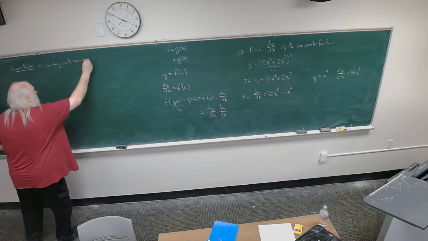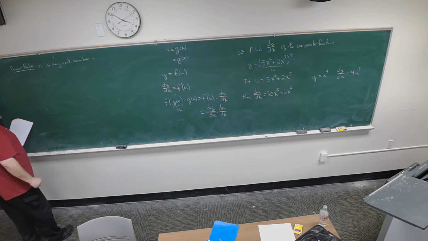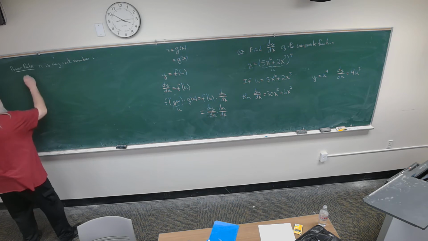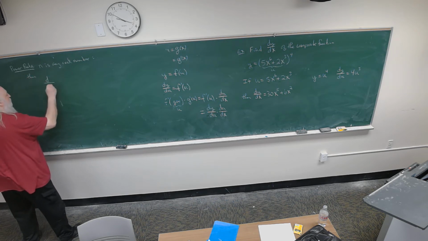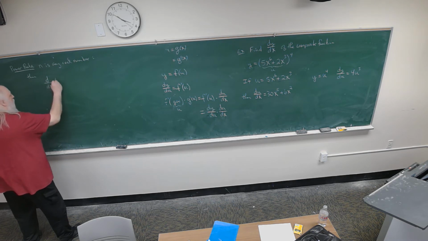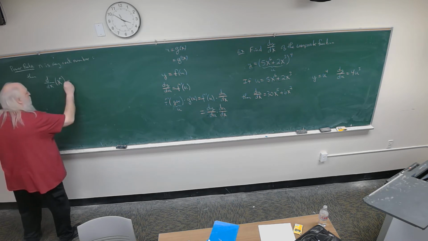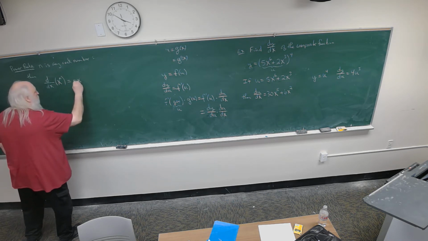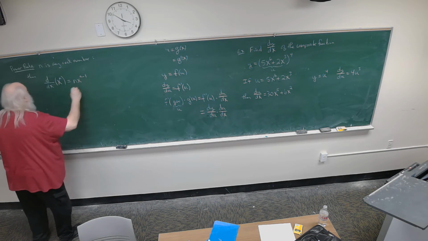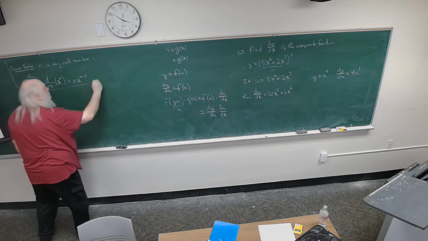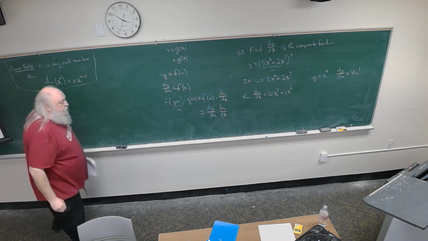This is going back to section 3.1. Then the derivative with respect to x of x to the nth power is equal to n times x to the n minus 1 power. Everybody agree with me on that?